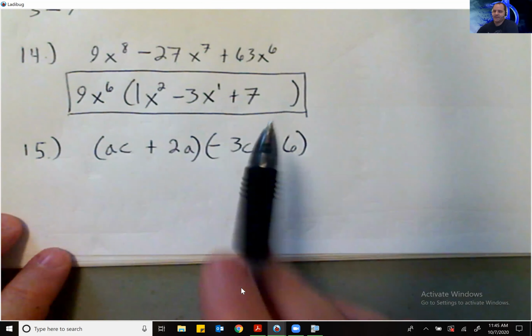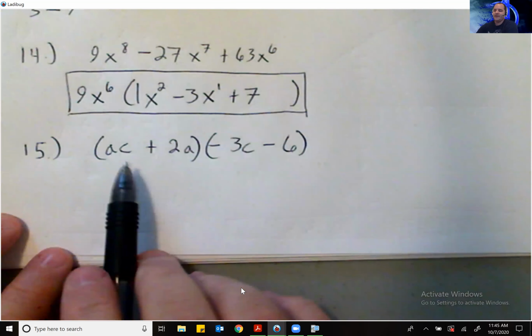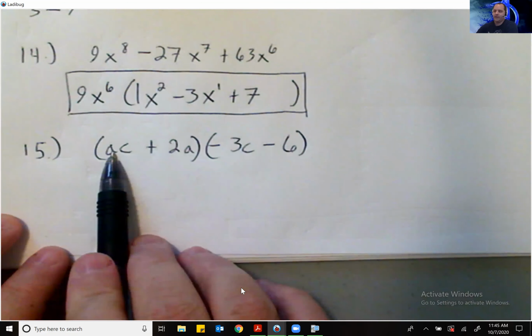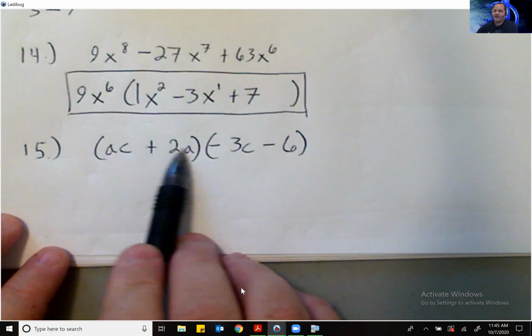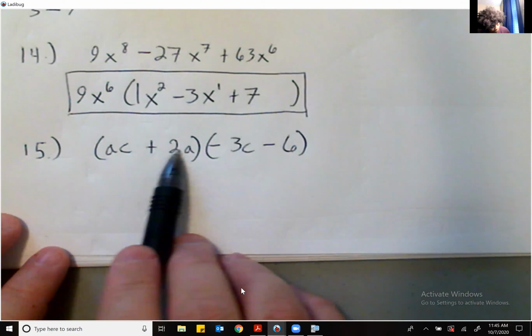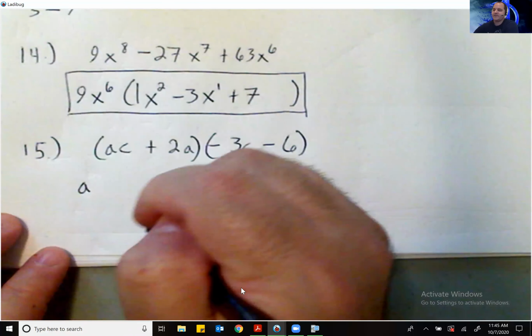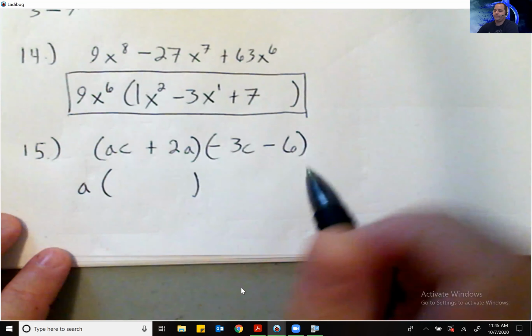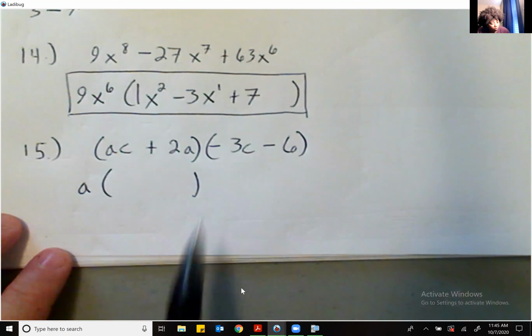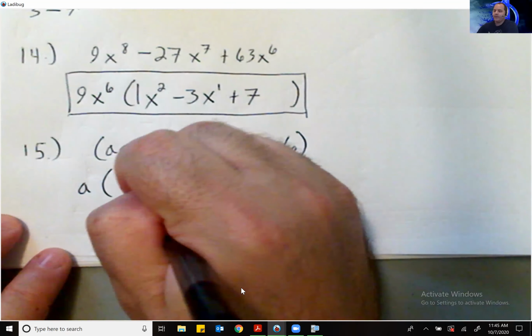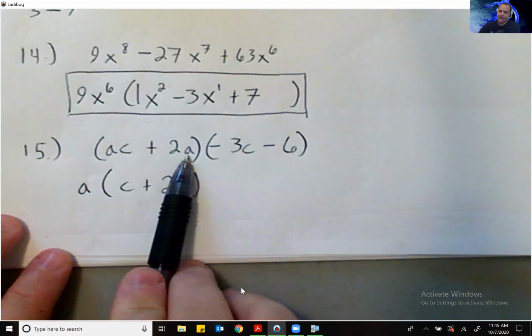See, it's just a giant GCF problem. So what do these terms have in common? AC and 2A. They both have an A. So we're going to pull out A. And what's that going to leave me with? C plus 2. Because all we did was take the A and pull it out.